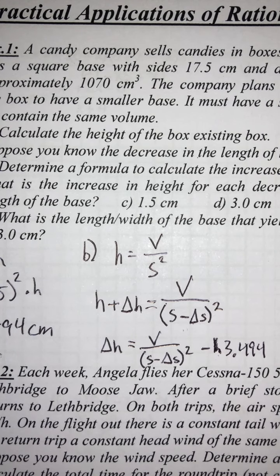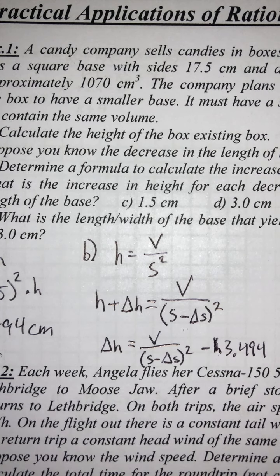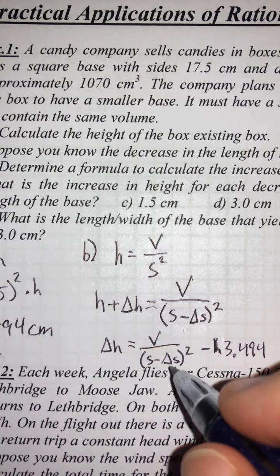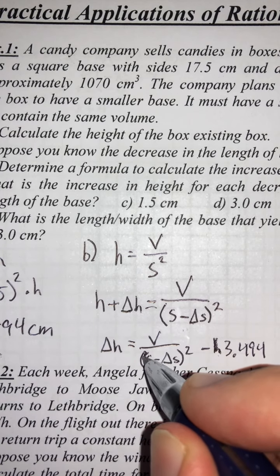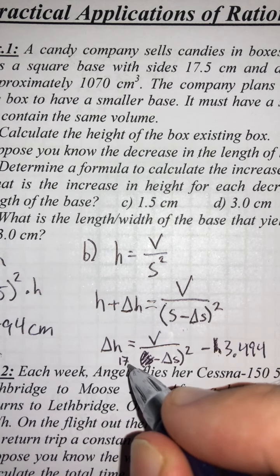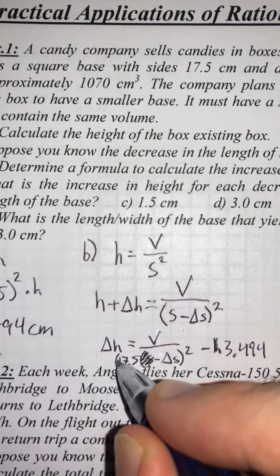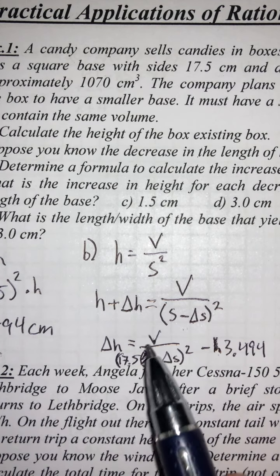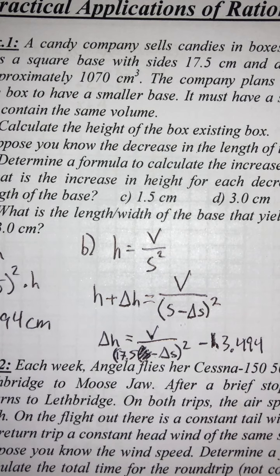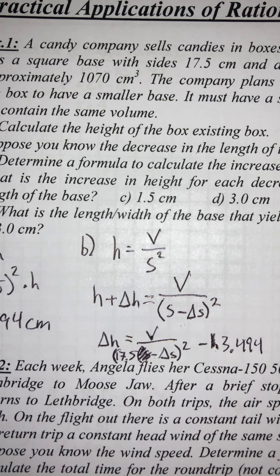So this is my equation for change in height. Oh, and I have the original s too, don't I? So instead of putting s here, I can put this as 17.5. So volume divided by 17.5 minus change in s, because those values are known.